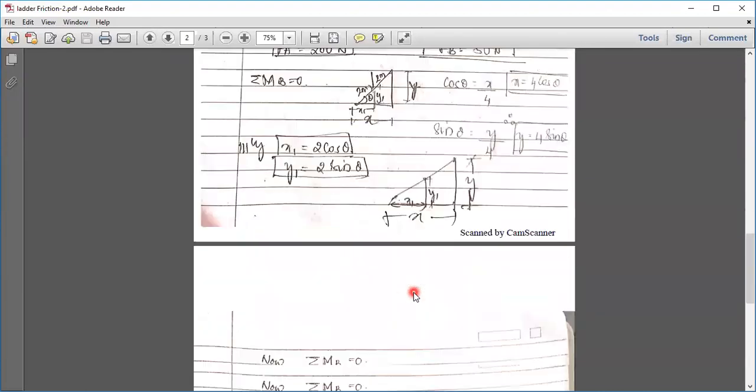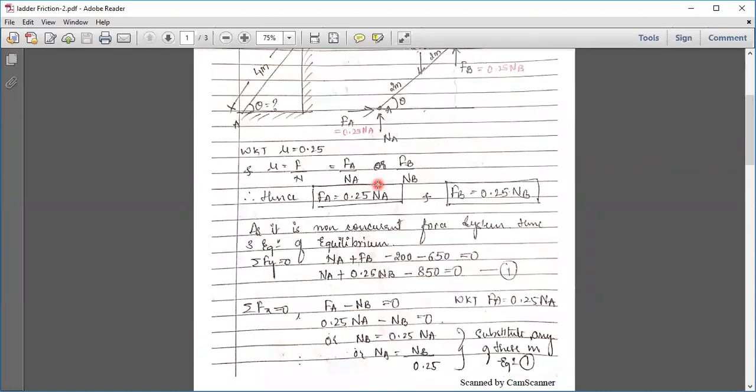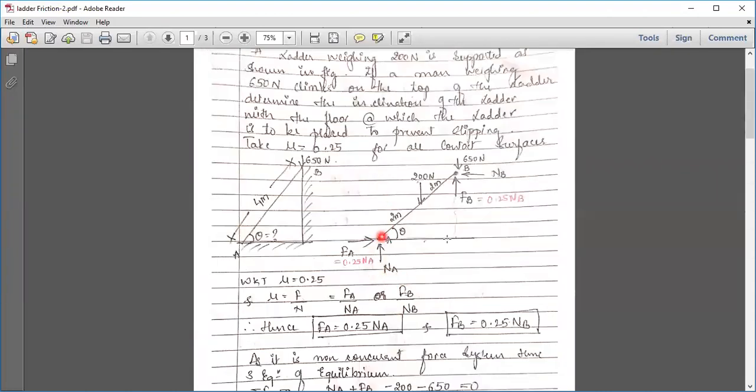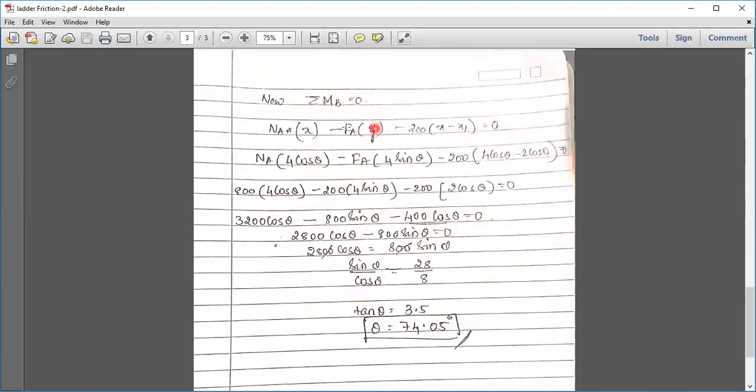Okay. So writing the equation of equilibrium, NA into X minus FA into Y minus 200 into X minus X1, equal to 0. NA I'll write as it is. X is 4 cos theta, Y is 4 sin theta, X is 4 cos theta, X1 is 2 cos theta. On substituting the NA and FA values, I get the equation.